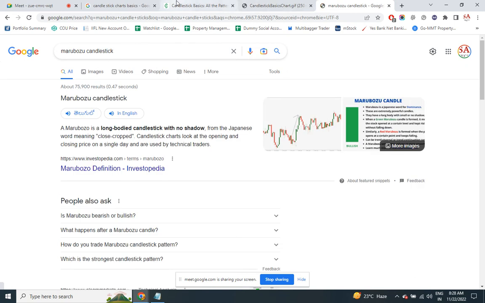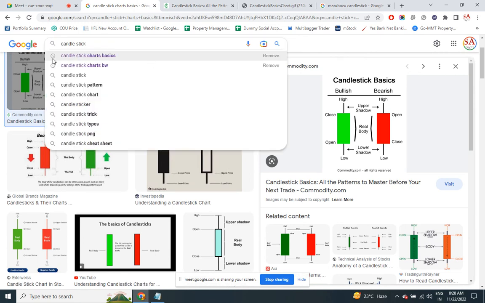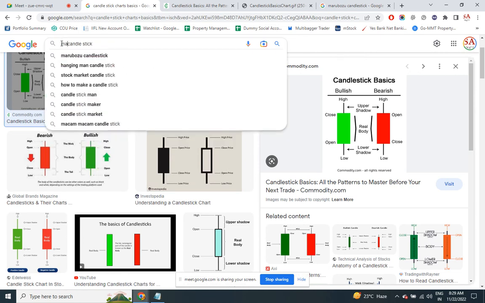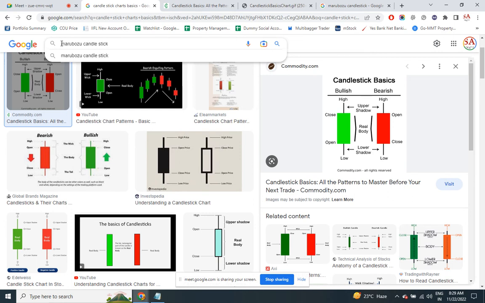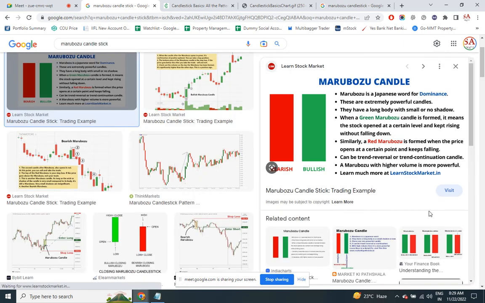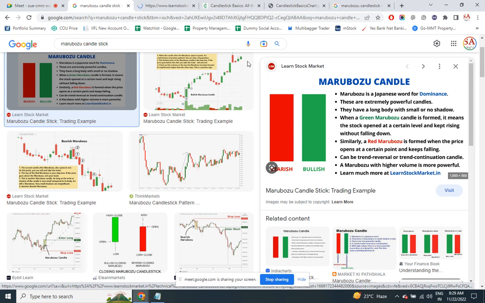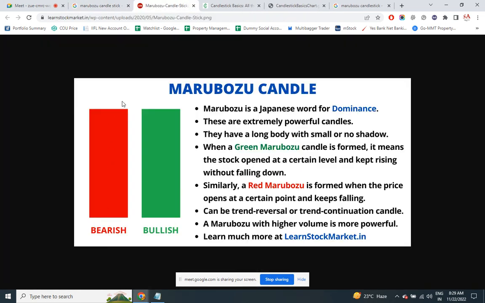So let us directly check the image itself. Neither there will be upper shadow nor there will be lower shadow. So kindly draw these candlesticks with no shadows.